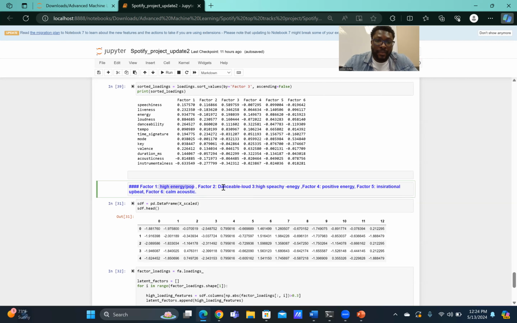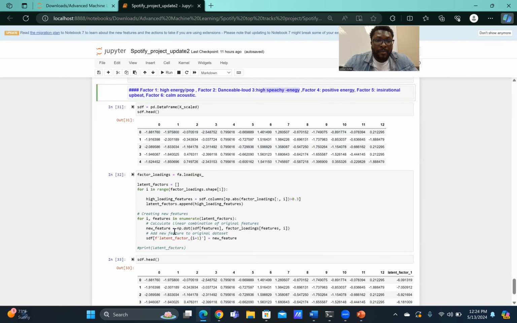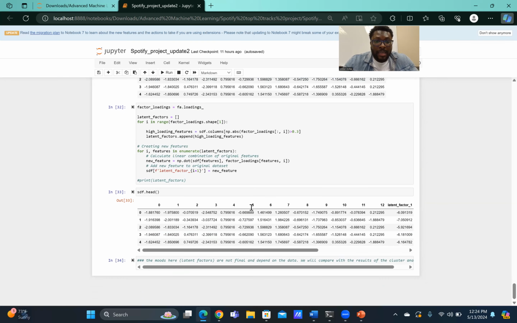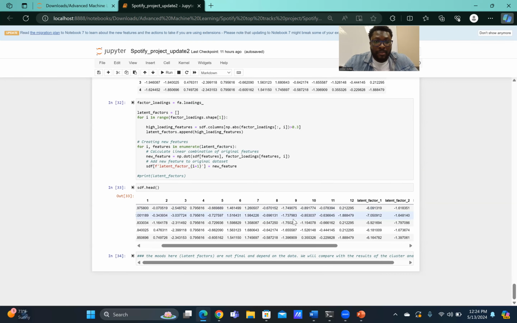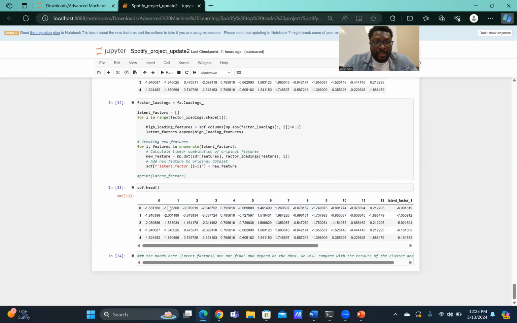This is how I've engineered features: a new feature, a new feature, a new feature. With that being said, I get the features, put them together, and concatenate them with the new data set. And then voila, these are the scores.